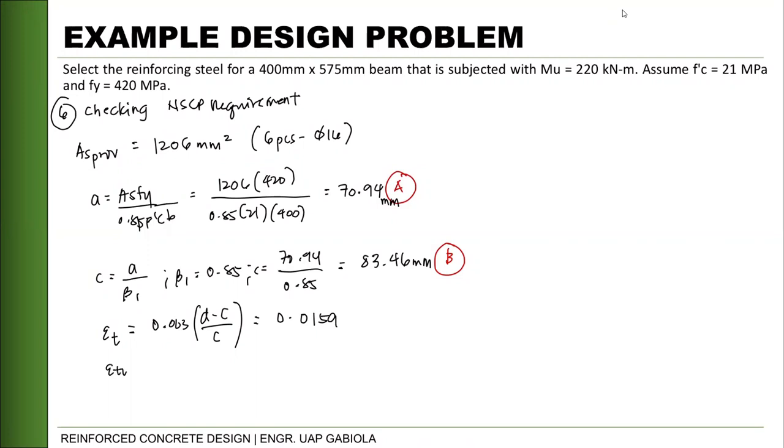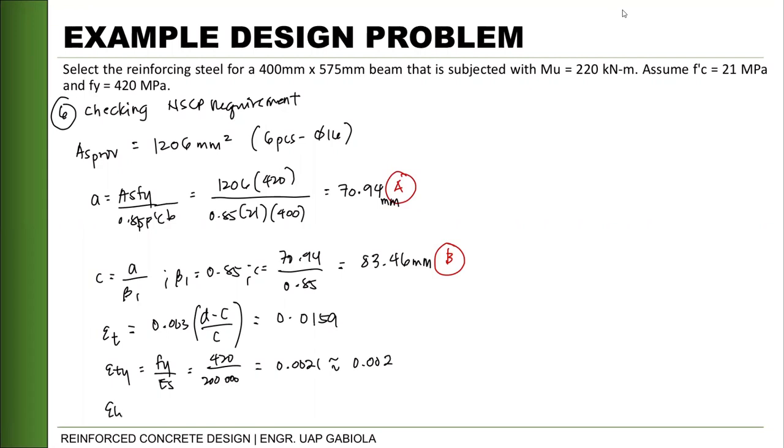Our actual strain is equals to Fy over Es, or 420 over 200,000. So that is 0.0021, but the code says na kapag 420 megapascal, we can use 0.002 as our yield strain. Okay?